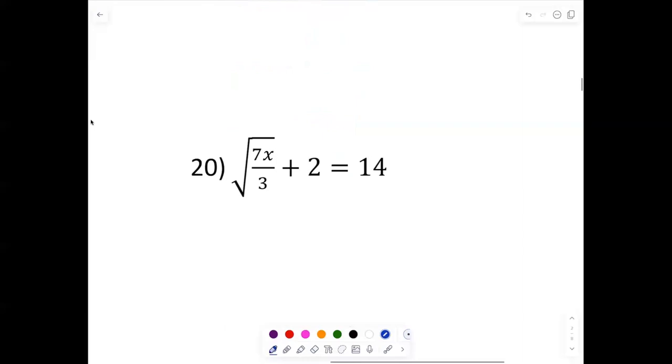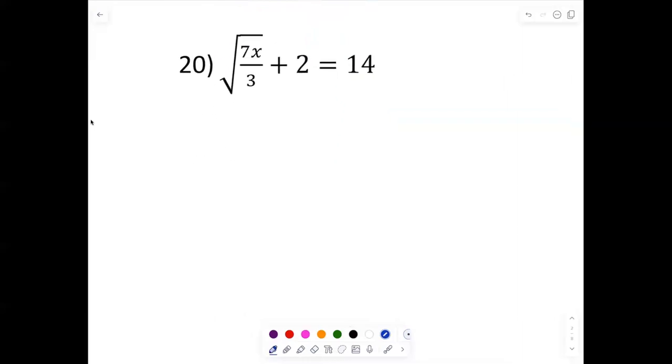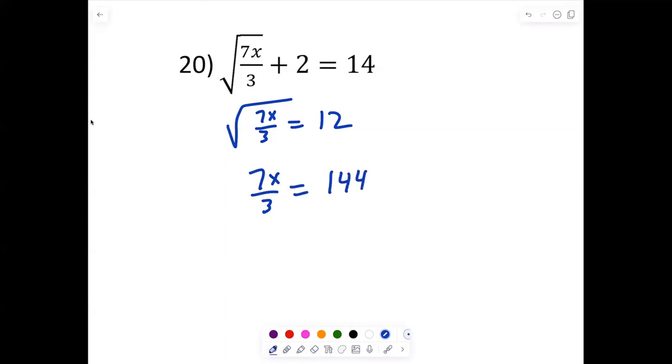All right, let's keep going. What do I have to do first? Yep. Now what? Square. What's 12 squared? Now multiply by the what?